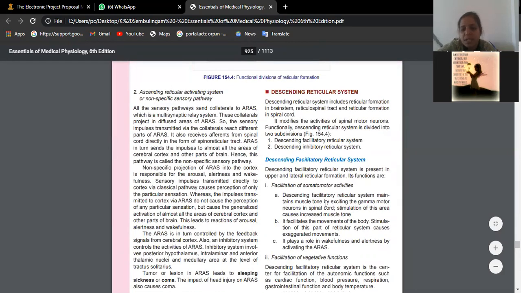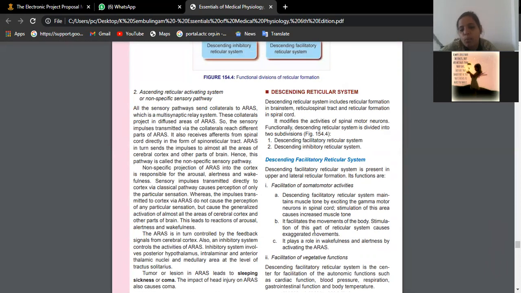Facilitatory means which facilitates the activities. What are those? Movements, like exciting the gamma motor neurons in the spinal cord. It increases the muscle tone and also facilitates movements of the body. If the descending facilitatory reticular system is triggered more, it is responsible for exaggerated movements, more than required.